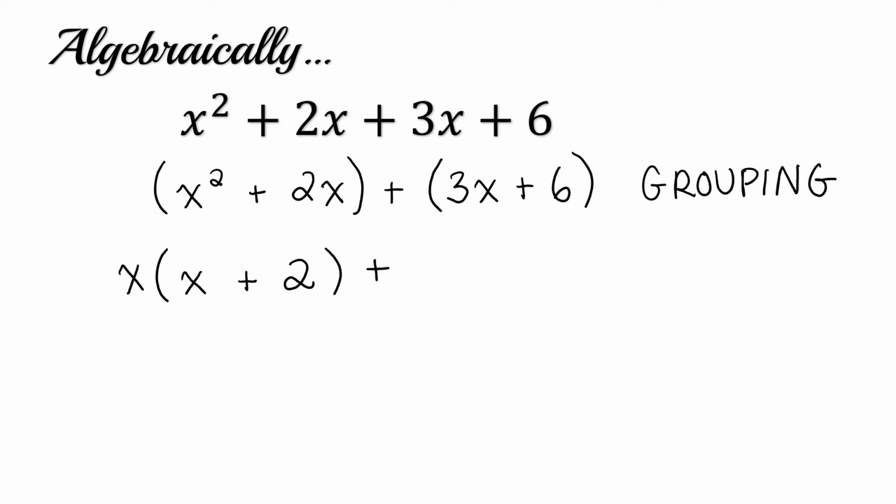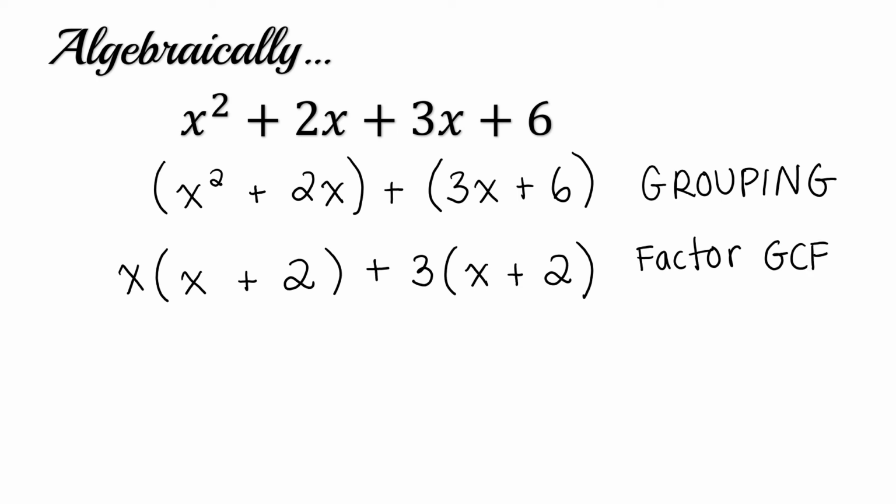Then we want to factor the greatest common factor of our second group. The greatest common factor between 3x and 6 is 3, so I'll factor 3 from each term in that group. 3x divided by 3 is x, plus 6 divided by 3 is 2. So after you've grouped, you want to factor your GCF, greatest common factor, of each group.